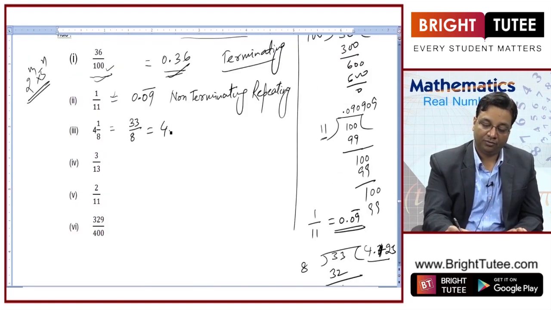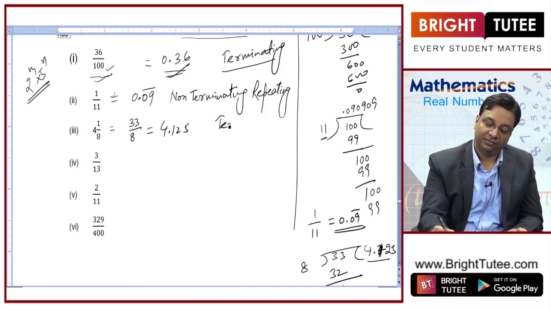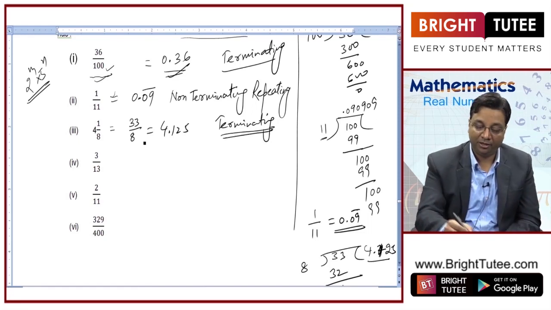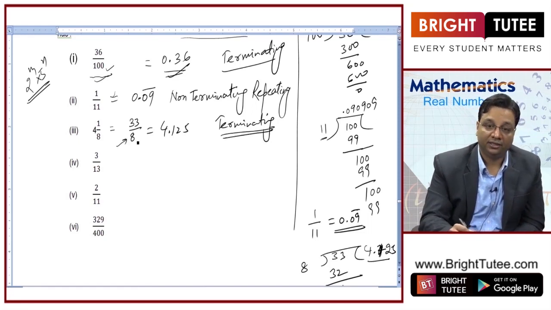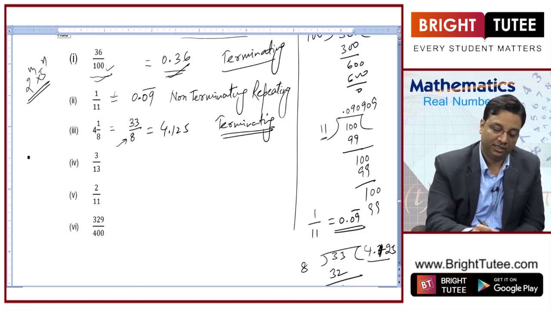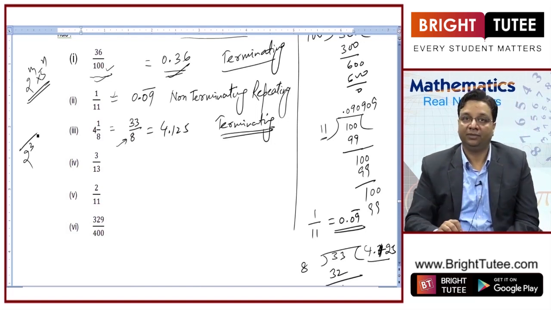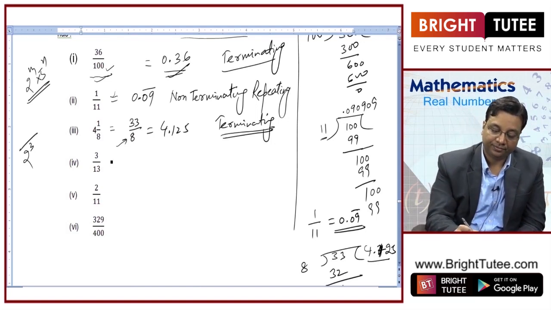So, this is terminating decimal expansion, and whenever I see terminating type of decimal expansion, I notice the denominator. It has exclusively the powers of 2 only, it is 2 cubed, right. That is why it is a terminating decimal expansion.